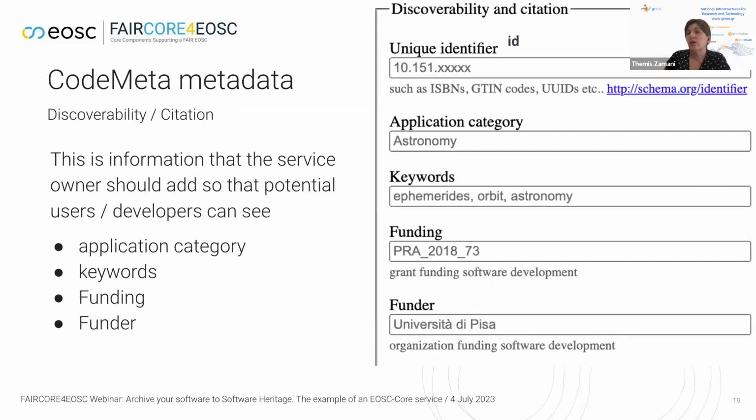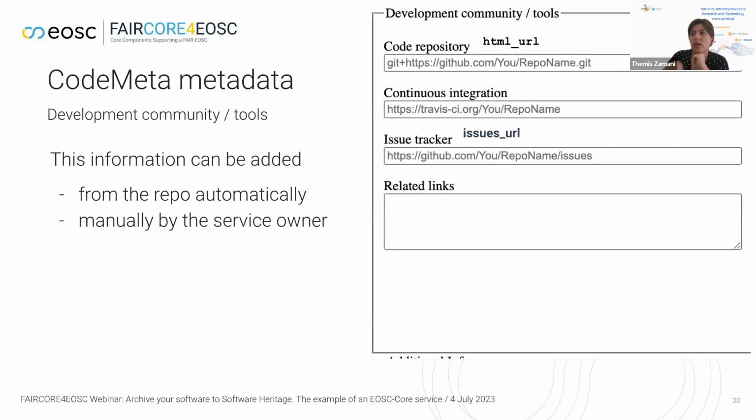The other part is discoverability and citations, where you can add information about the unique identifier your repository has, the application category, keywords, funding, and the funder. This is information that the service owner should add, and it helps the discoverability and citation of your repository.